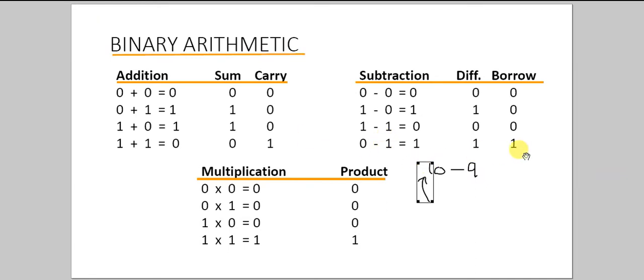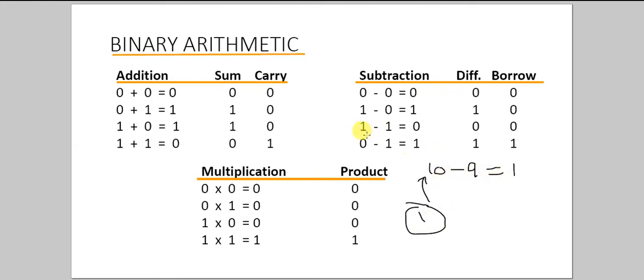So 10 minus 9 is equal to 1. We took 1 borrow from the next number, which makes 0, 1 and 0, 10. So 10 minus 9 is 1.